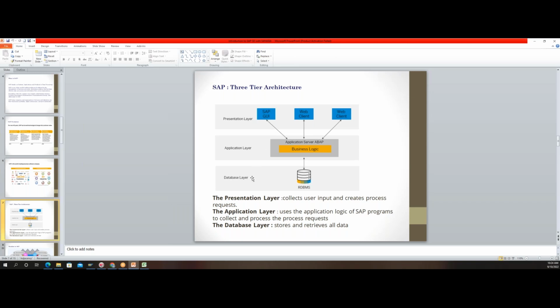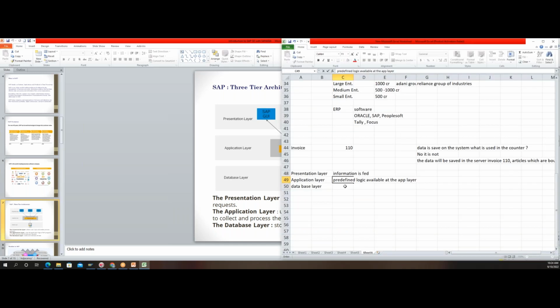What is a database layer? Database layer has various tables, and whenever relevant information is saved, the data is stored to the respective table.